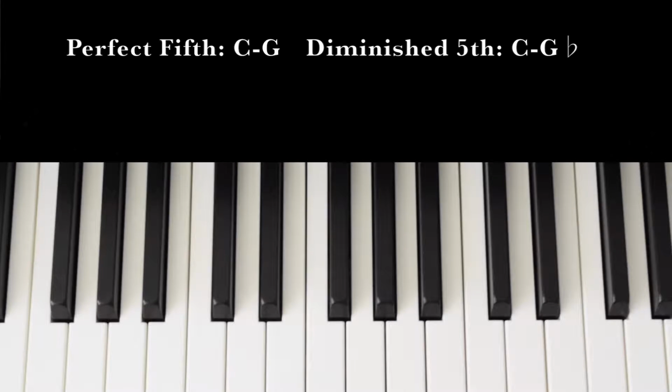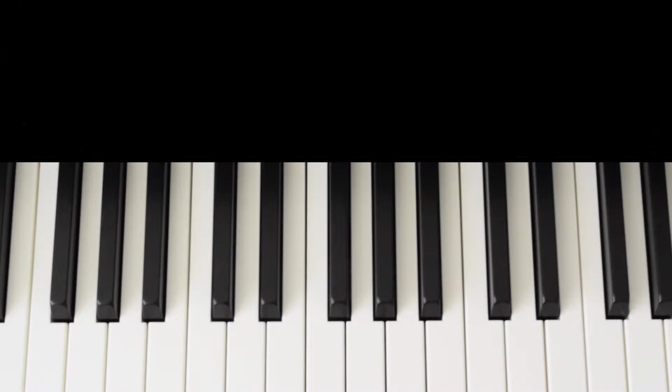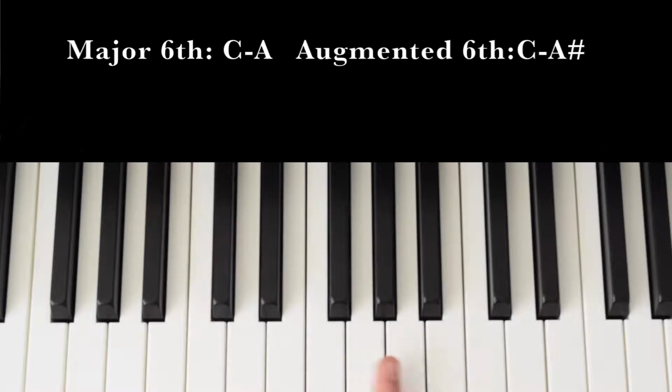Diminished is used for perfect intervals, C to G. Perfect fifth, C to G flat, diminished fifth. Augmented is another type of interval, and it's just one more half step than any perfect or major interval. So C to A, major sixth. C to A sharp, augmented sixth.